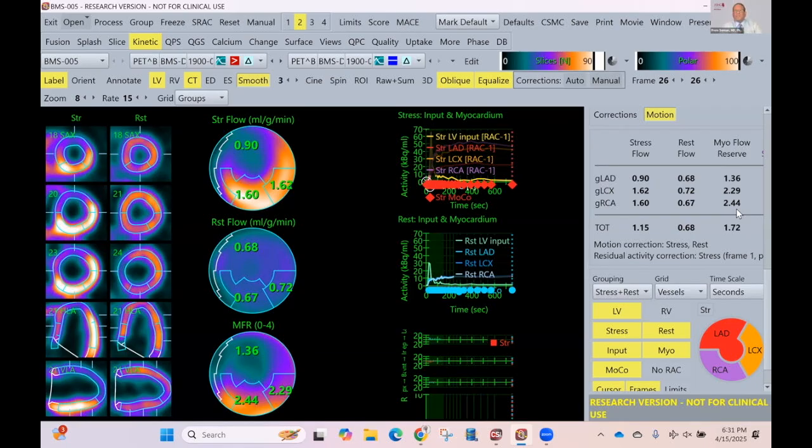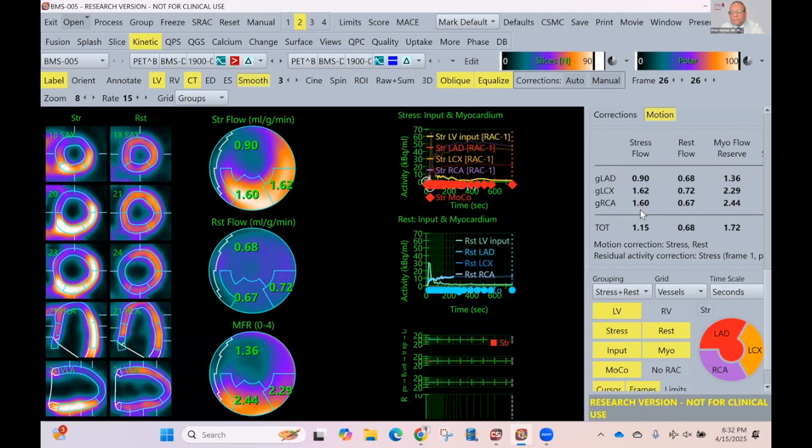Now, if you look at the peak stress flow, they're slightly abnormal. Now, sometimes if you have a large LAD territory, a bit of the lateral wall and a bit of the inferior wall can be included in that LAD territory, and the computer will erroneously attribute that to the circumflex and RCA territories.